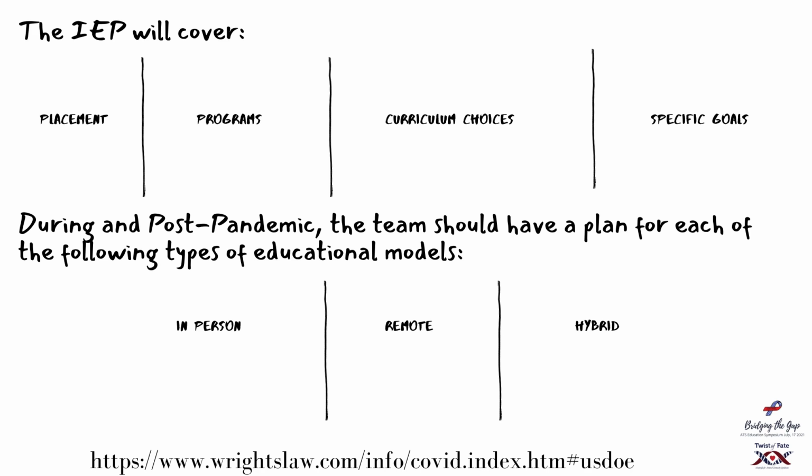So talking about the IEP, of course, it will cover placement, where your child's going to be; programs, how they'll be involved; curriculum, what they'll learn; and specific goals, what they'll work on. We really want to think about, during and post-pandemic, having a plan for each of the following types of educational models: traditional in-person, remote learning, or a hybrid where we're doing a mixture of the two.